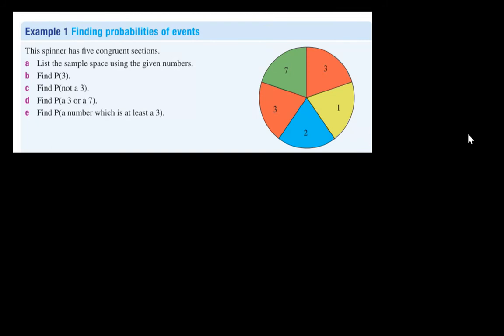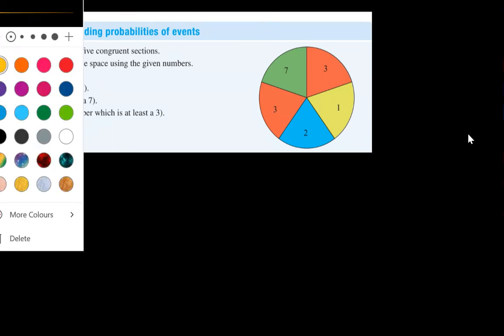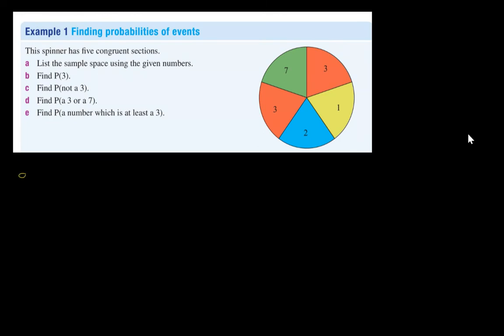Okay, so pause the video and have a go at these. First one was list the sample space, so let's do that very quickly. So the sample space S is 1, 2, 3, 3, 7.